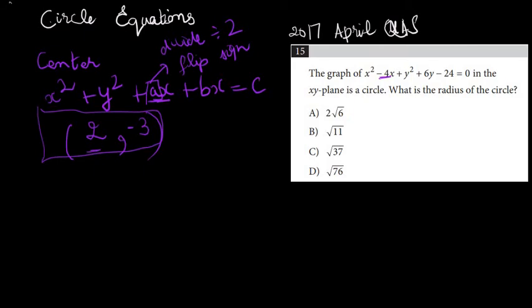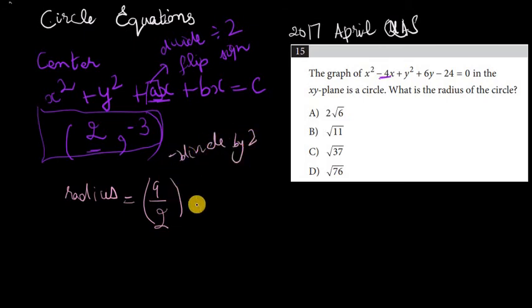Now for the radius, this might seem a little hard, but it's going to get easier once you start practicing. So in this case, the radius is going to be a divided by 2. So once again, you have to divide by 2. Let me write that down. That's the keyword.